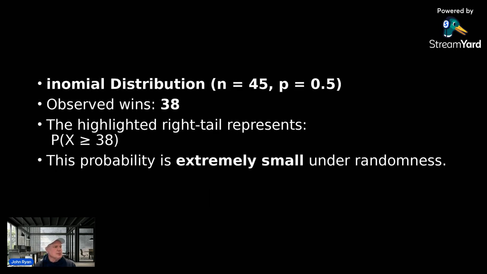So, starting to get to the p-value, you must use the binomial distribution. The observed wins were 38, as you can see on the chart. And this probability is extremely small under randomness. So 38 wins out of a test of 45, that's 38-7 straight up. That's an extremely small sample size to be considered as random.